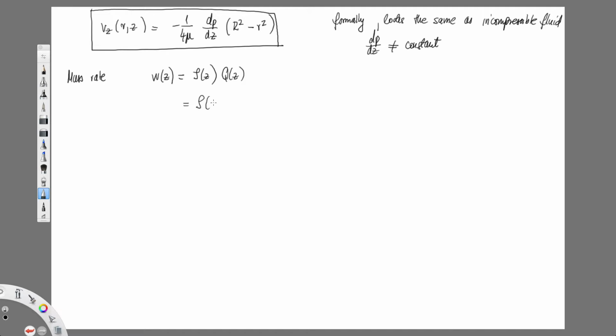So it's rho of z times, and I need to integrate over the cross section. What is my area element? Just r dr d theta.